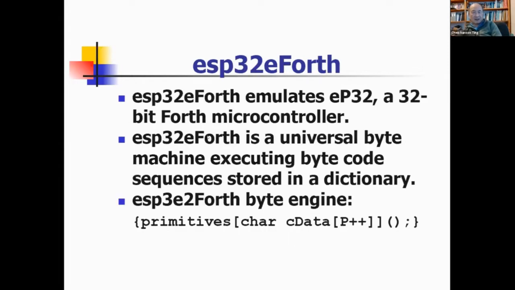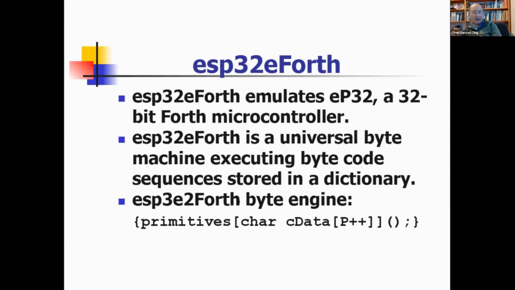So ESP32 E4 actually emulates EP32, which was a 32-bit FORTH microprocessor designed according to the architecture laid out by Chuck Moore. And EP32 is a universal byte machine, which executes bytecode sequences stored in a memory.